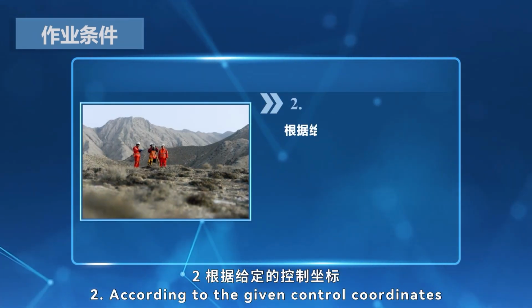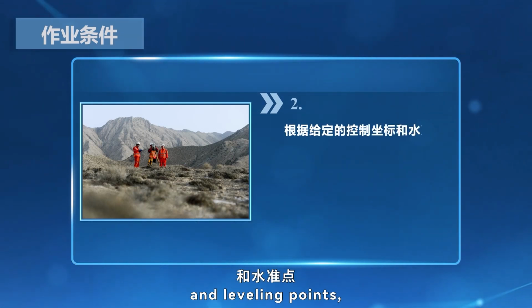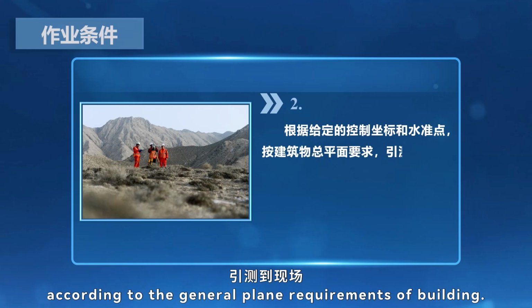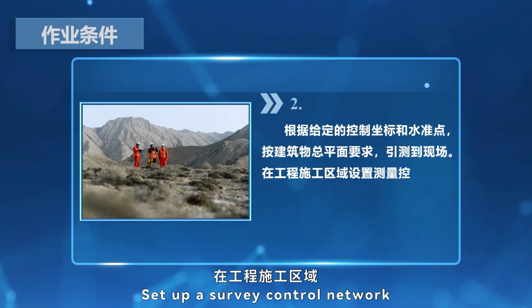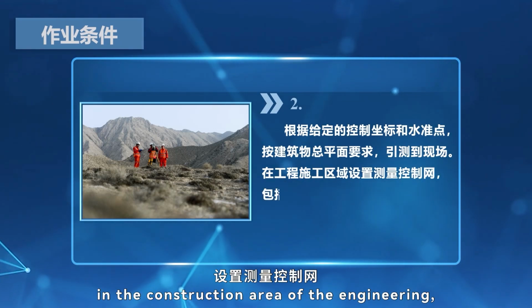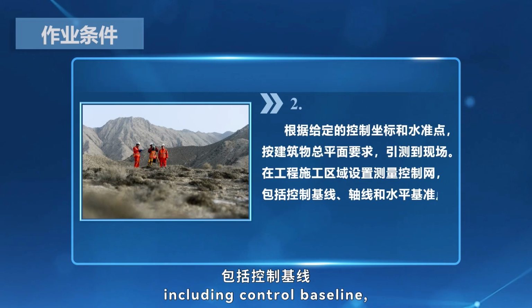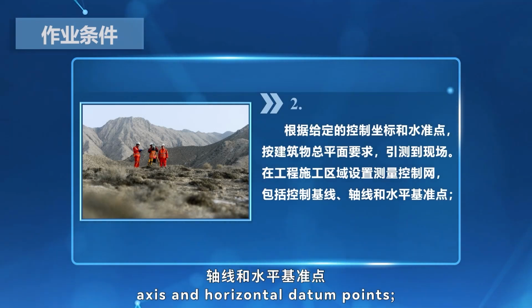According to the given control coordinates and leveling points, perform guide measurement to the site. According to the general plan requirements of building, set up a survey control network in the construction area of the engineering, including control, baseline, access, and horizontal data points.